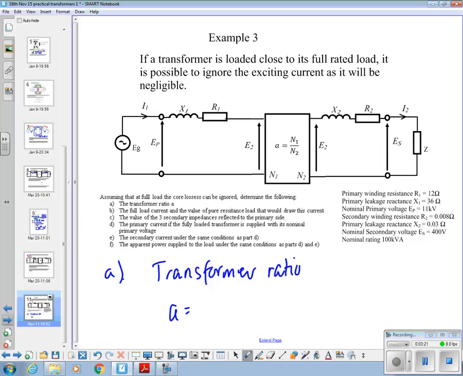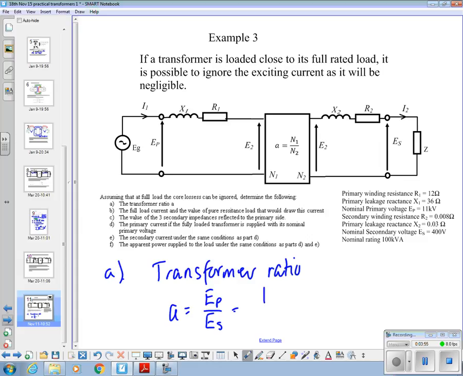Remember, we can get that from either the voltage ratio or the current ratio or the turns ratio. So we haven't been given any turns, but we can get that from EP over ES, and you've not been given anything other than the nominal values, so you would use those. The nominal is the stated value, so what's on the nameplate of that transformer.